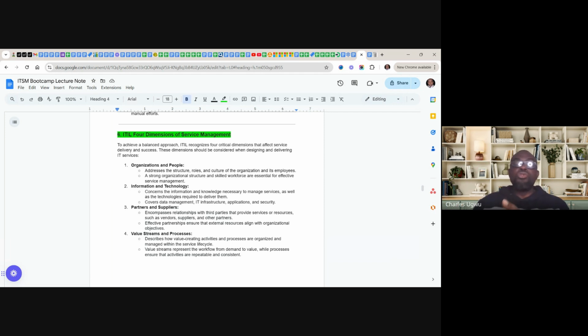For those of you in business analysis, when you do process mapping, we map out all the processes we use. It's the same thing in ITSM. You map a lot of processes. And for every process, you see how this process is bringing value to the system.